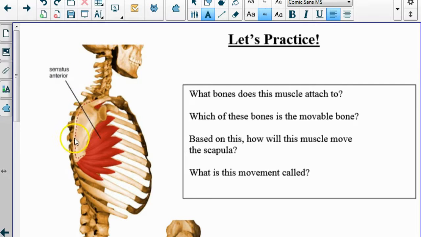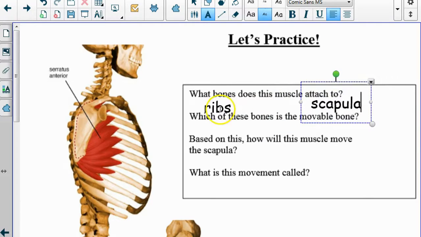It says it's attaching to this point of the bone, but on the side that we're not able to view currently. What bones does this attach to? We're going to say that it attaches to the ribs, and we'll be more specific later on one end, and that it attaches to the scapula on the other end.